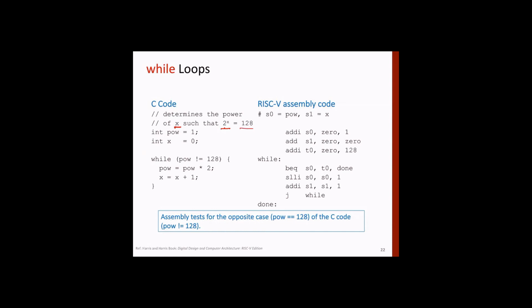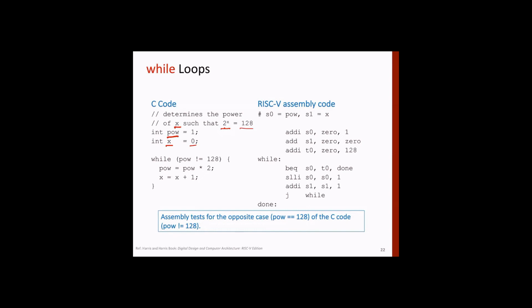This algorithm in C is very simple. Initialize a variable POW as 1, initialize an integer variable x as 0, and then you have this loop: while POW is not equal to 128, POW is equal to POW into 2.